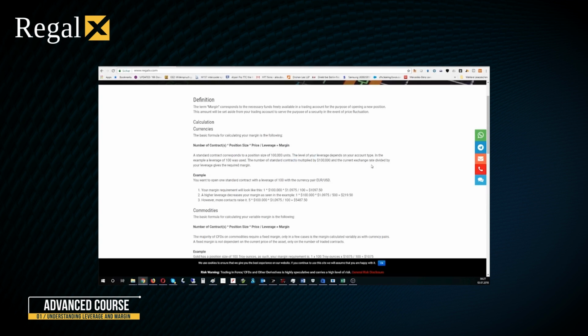So if you want to open one standard contract, again 100,000, with the leverage of 100 on the currency pair euro dollar, what do you need? Your margin requirement will look like this. We trade one contract at 100,000 at a price of 1.0975, that's the example here, divided by 100.